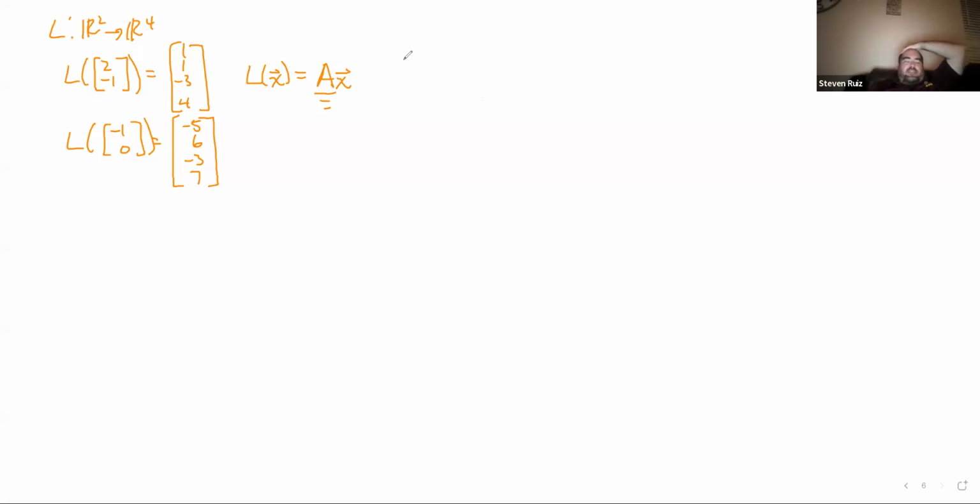So how do we do that? We should probably figure out what the order of A should even be. I know that when I multiply A times X, which is a 2-dimensional thing, I get an output vector that's a 4-dimensional thing.